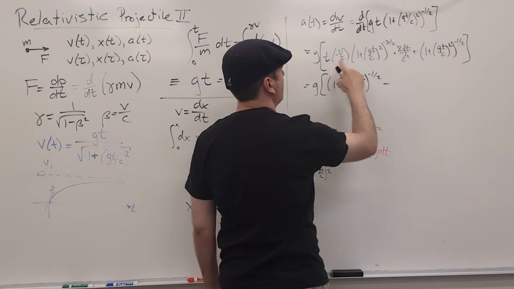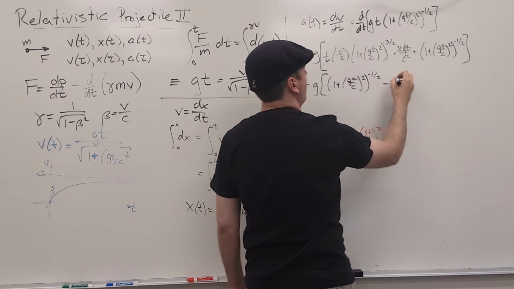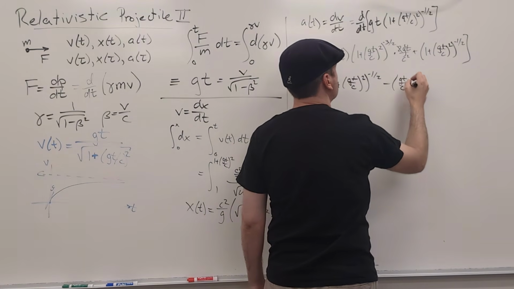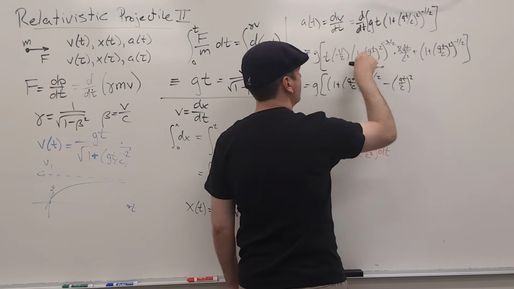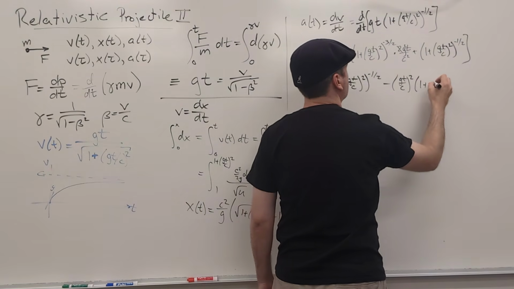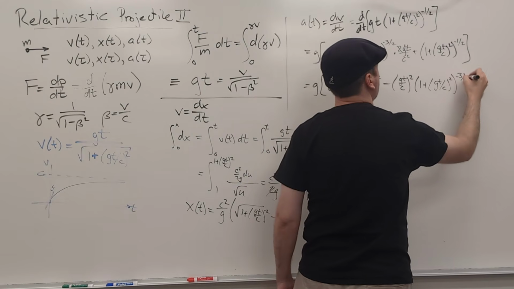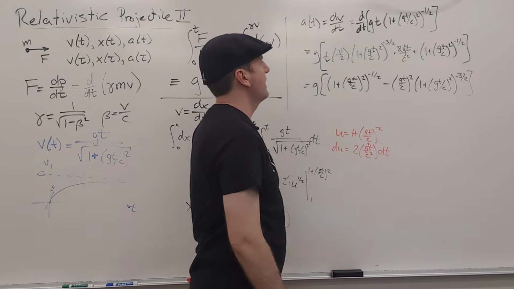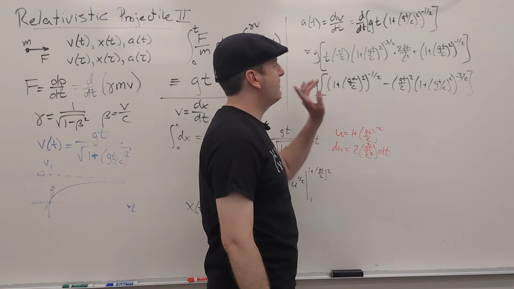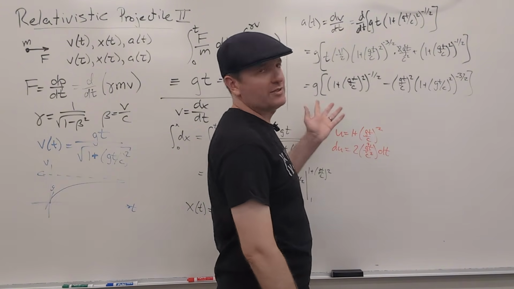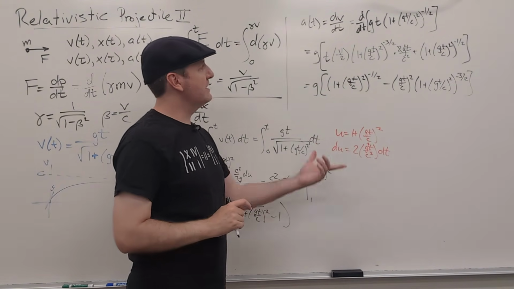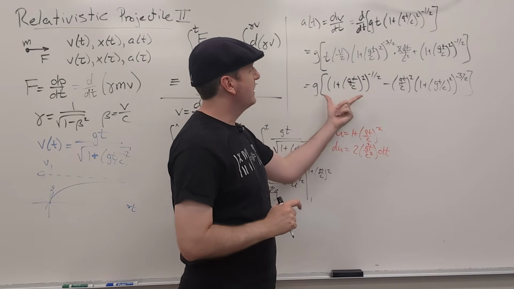And then I'll have a minus sign from that guy. I'll have a gt over c quantity squared from all this stuff times 1 plus gt over c quantity squared to the minus 3/2. And then this looks kind of bad, but actually it's not as bad as it looks. So we can actually do a little bit of factoring here.